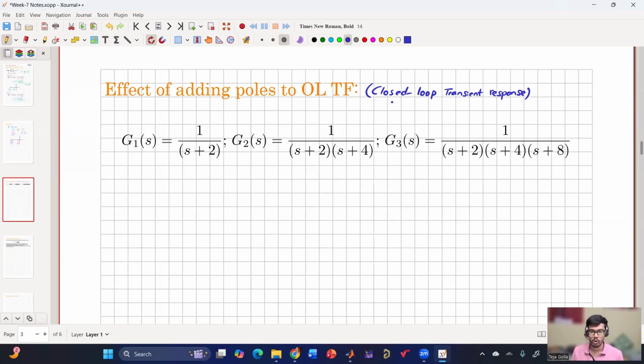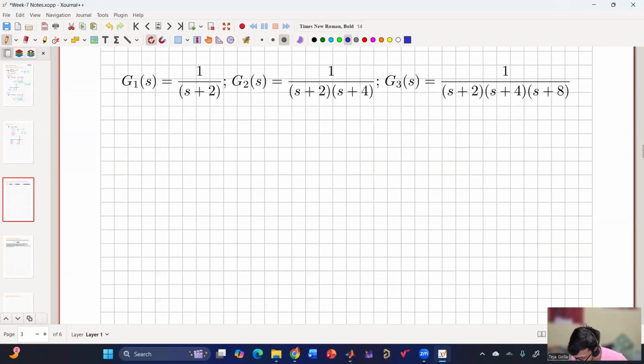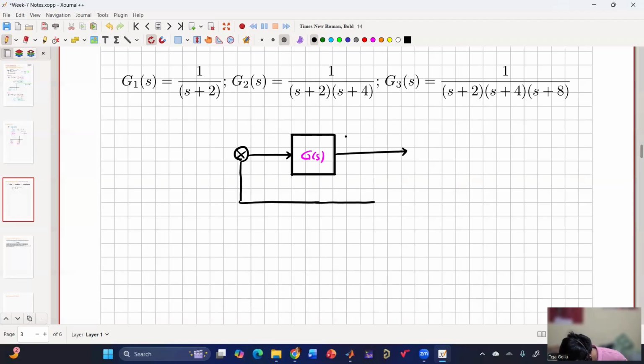So if we are trying to plot the root locus of this, let us draw the transfer function, say G(s) with a gain K. Now G(s) is different in each of these cases, and then we are checking the closed loop poles.